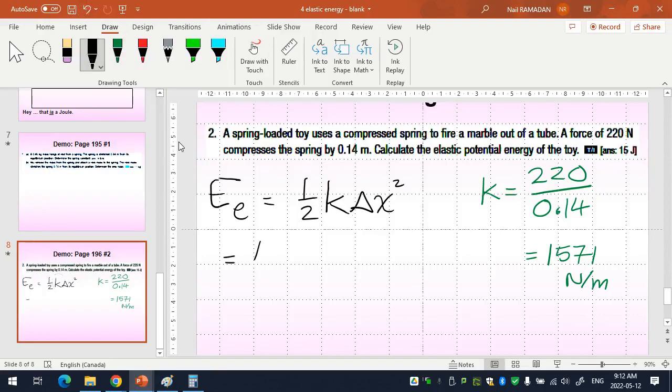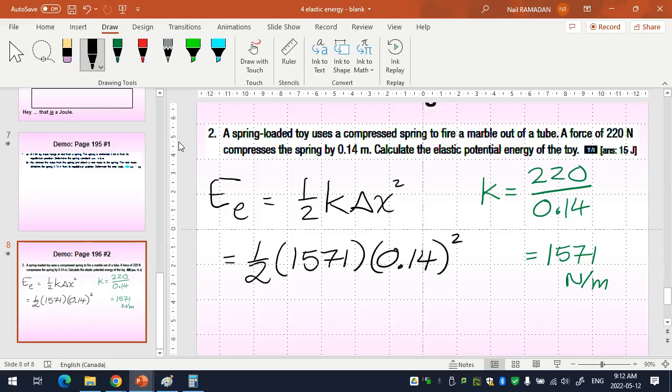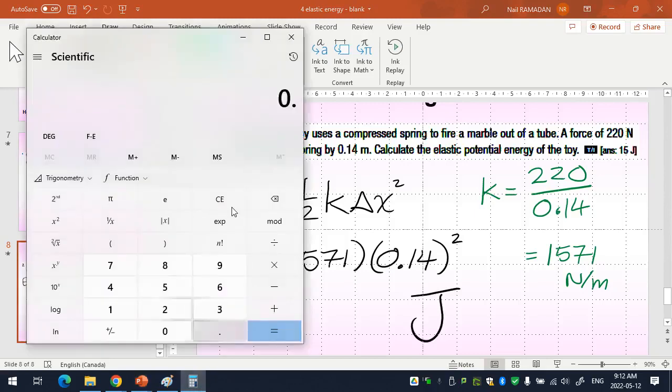So half times 1571 times 0.14. Boom. All right, let's do this math here. By the way, everything is going to be in joules at the end. So 0.14 first times 1571 times half. It's only storing about 16 joules.